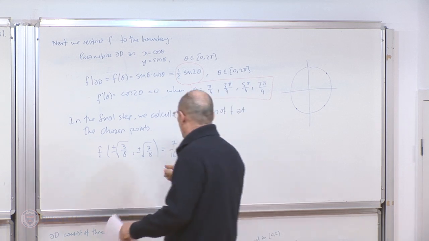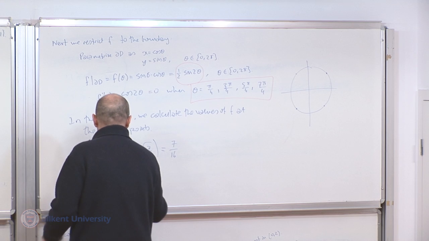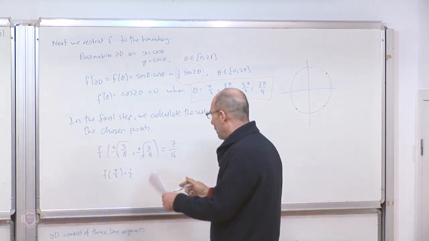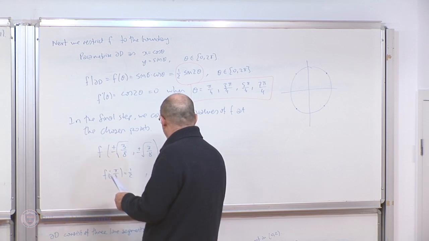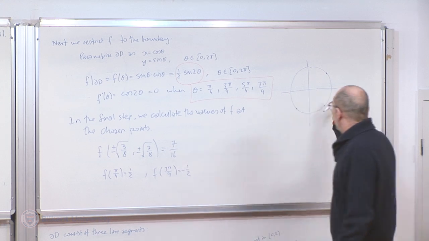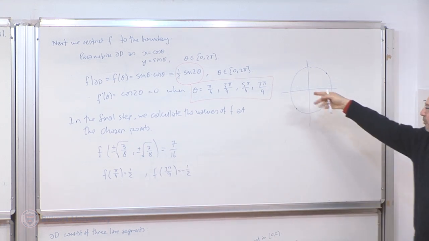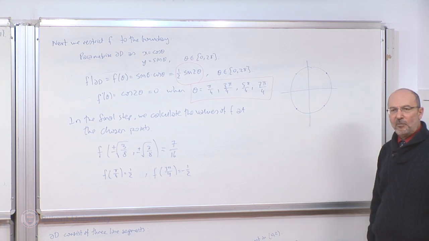F of pi over 4 is 1 over 2, and f of 3 pi over 4 is minus 1 over 2. So the others will be again from here. I know that the others will be either again 1 over 2 or minus 1 over 2.